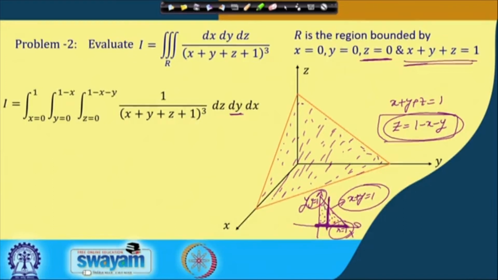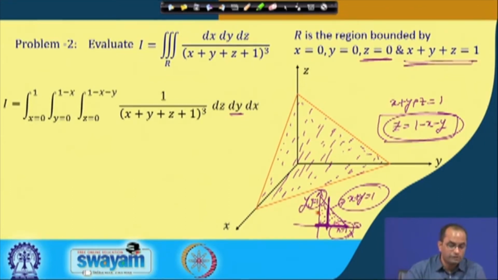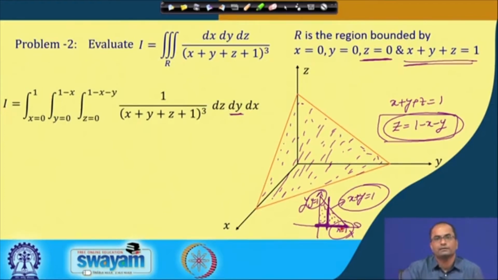And now, in 2 dimensions, we know how to fix the limits. For y, we have from 0 to this line which is 1 minus x, and the outer integral for x goes from 0 to 1, which is given here.